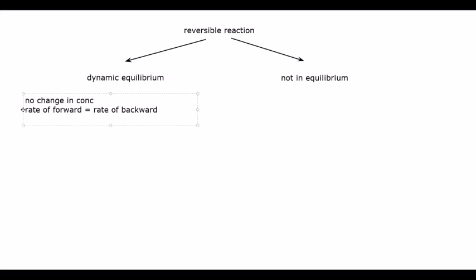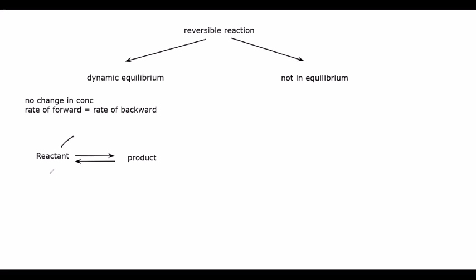I just gave the example: you have reactants forming a product, and a product can decompose and form back the reactant, but both occur at the same rate, same speed.